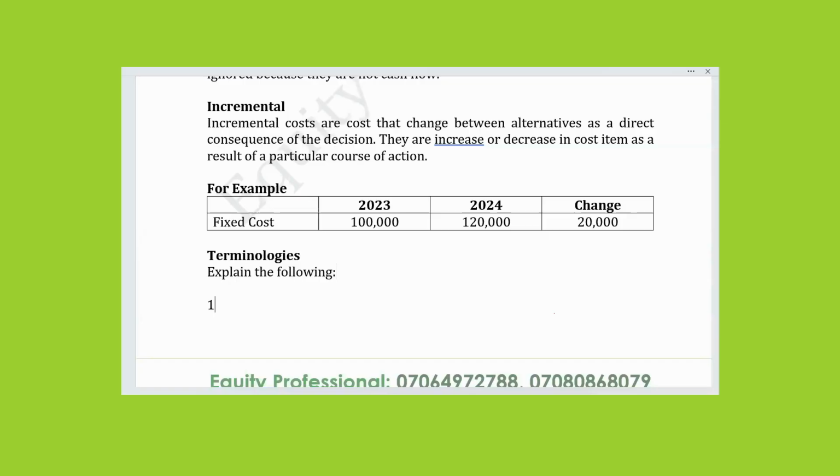Number one, sunk costs. Number two, incremental costs. Number three, opportunity cost.